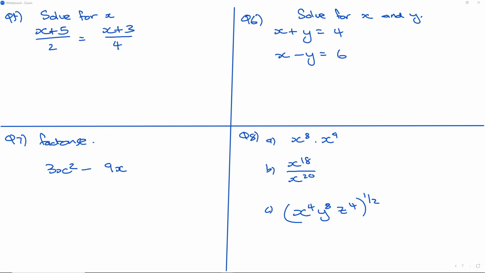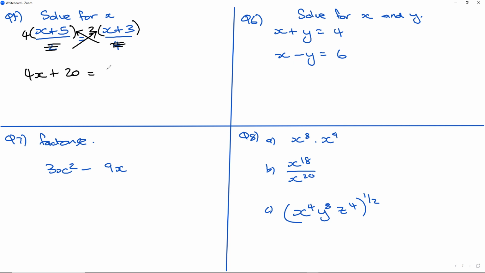All right, let's run through these now. The first one here, when you've got a fraction equal to a fraction, and there's no other number added onto it, and you want to solve for x, in this case the best way to do this is to cross multiply. So we would bring the 4 to the top left-hand side, and bring the 2 to the top right-hand side over there. Multiplying and bracketing, 4x, don't forget to multiply twice.